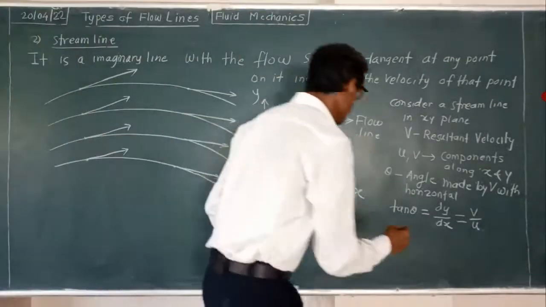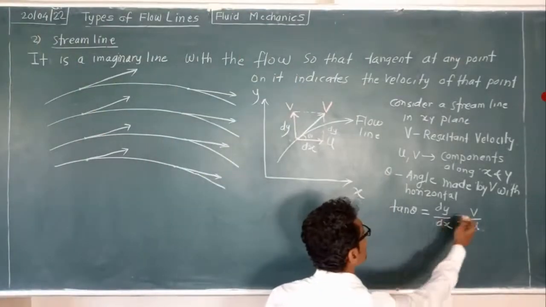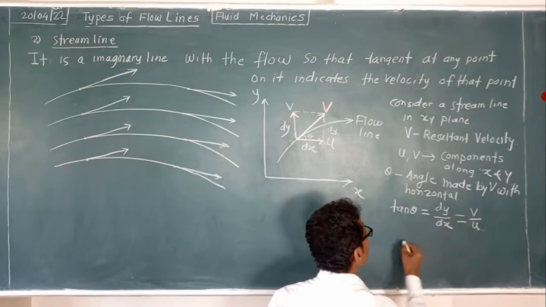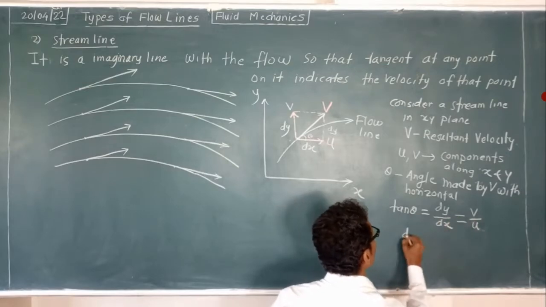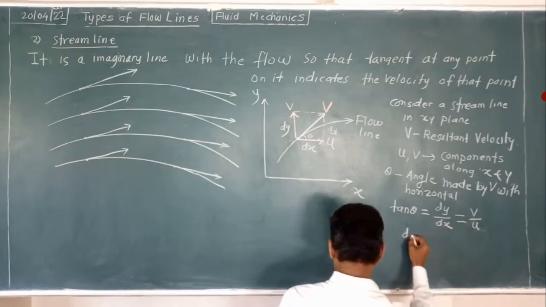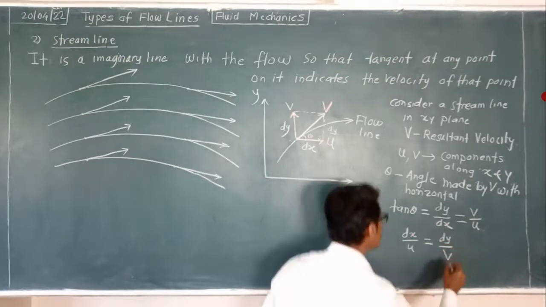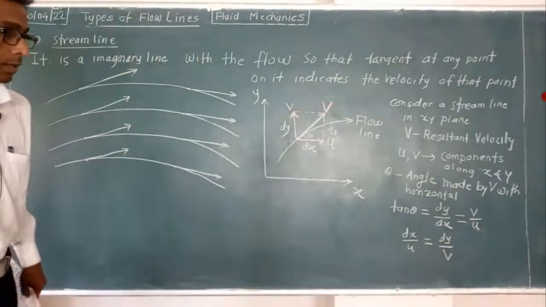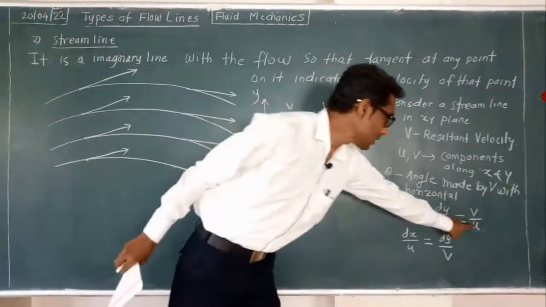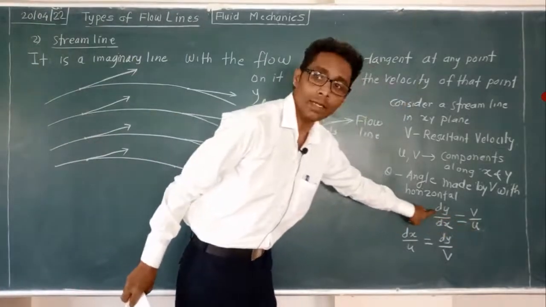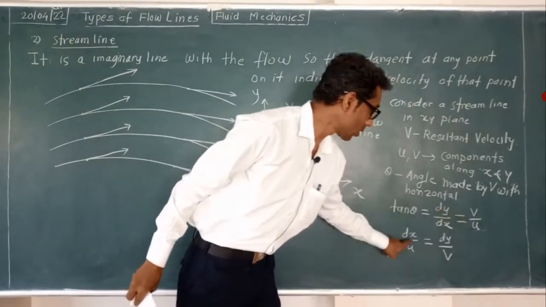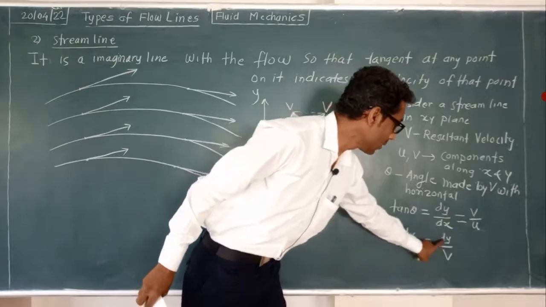Now we can write this equation in this way also by changing the location of these terms: dx upon u is equal to dy upon v. What we did, we brought u here, dx by u and dy by v.